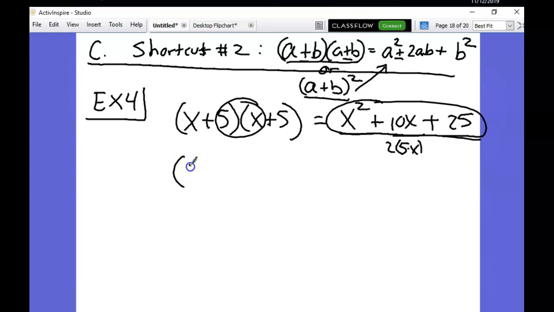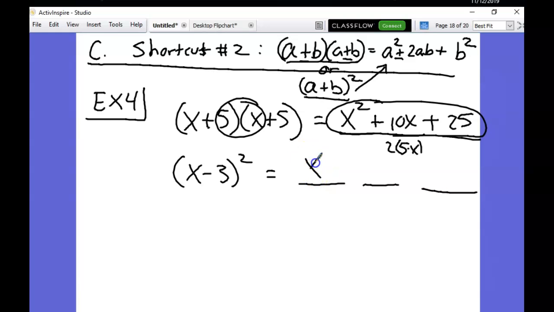Let's do another one. X minus 3 squared. Now x minus 3 squared, that just means x minus 3 times x minus 3, right? So we have our shortcut again. What's my first term going to be?